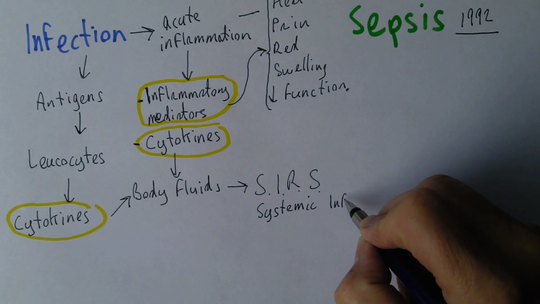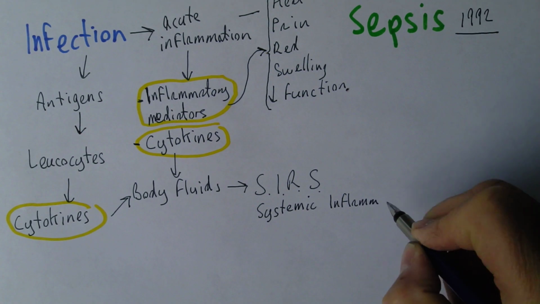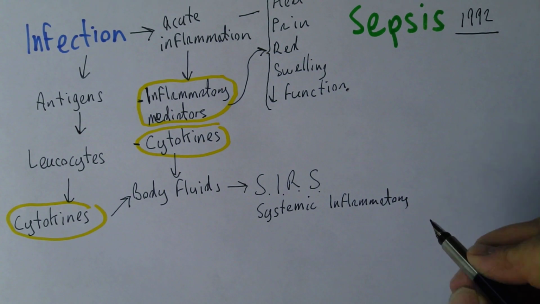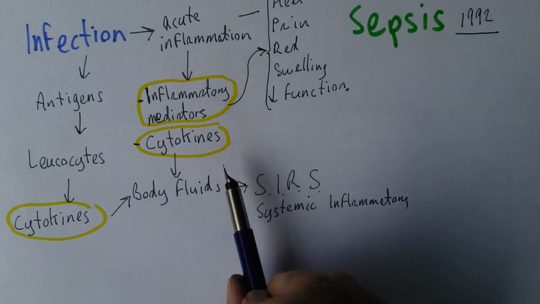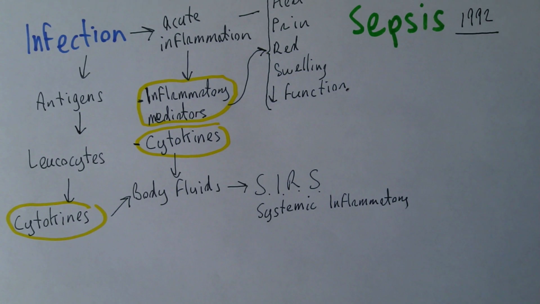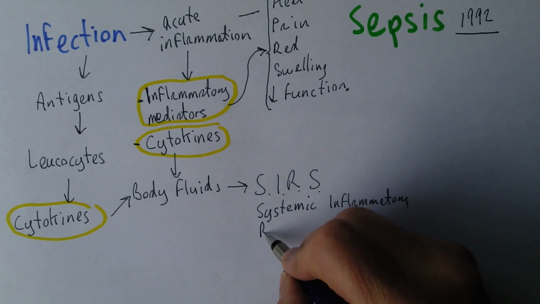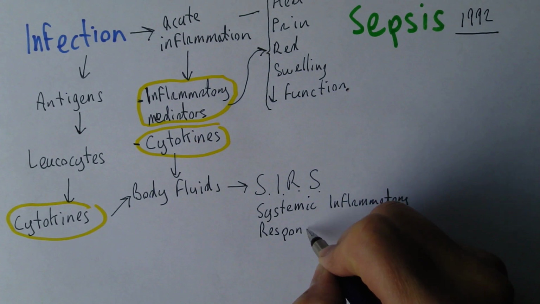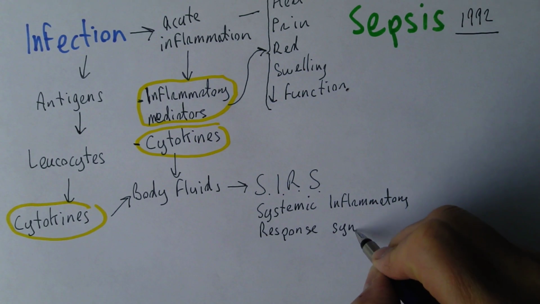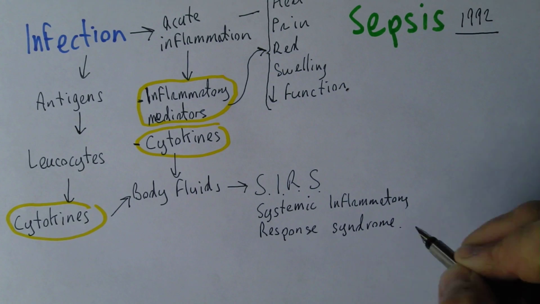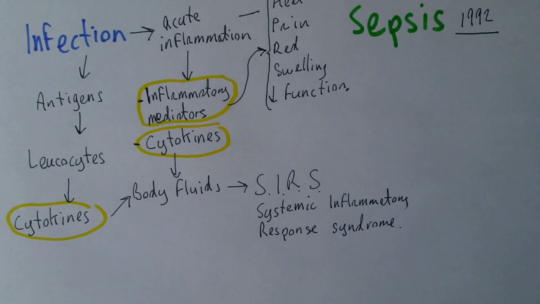Inflammatory because it's caused by inflammatory mediators and pro-inflammatory cytokines. These cytokines will be pro-inflammatory. Systemic inflammatory response syndrome. So we want to see why we get this systemic inflammatory response syndrome.